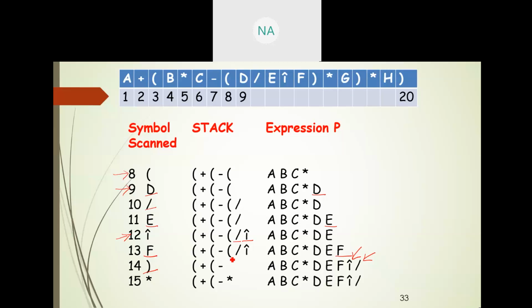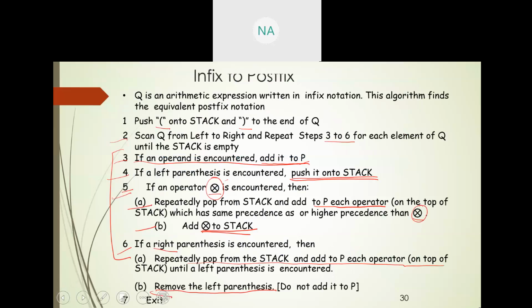You can see the algorithm. This is step 6A, in which the operators are popped out of the stack and added to P, and in 6B the left parenthesis is removed, right?